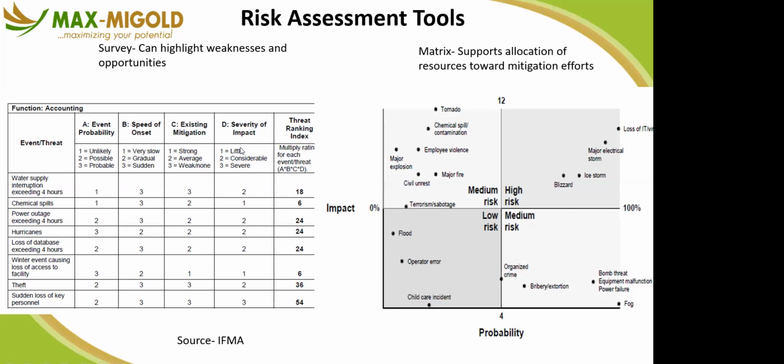So using this matrix, you look at the likelihood or probability of occurrence, the existing plan, that means mitigation, the backup plan that you have, and the speed at which it could happen. If someone dies suddenly, the person may not even fall sick. It may not even give you the chance to get a backup, and that could disrupt the whole operation. And of course, the impact.